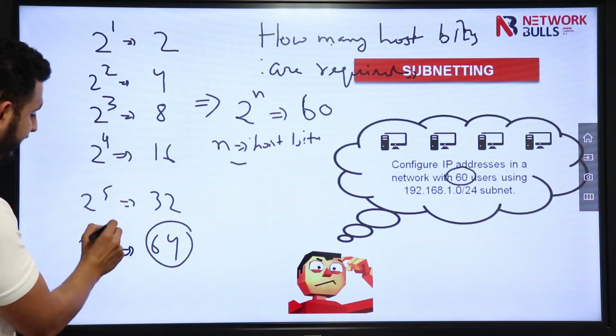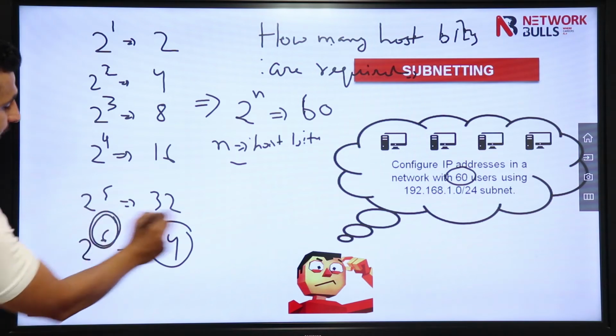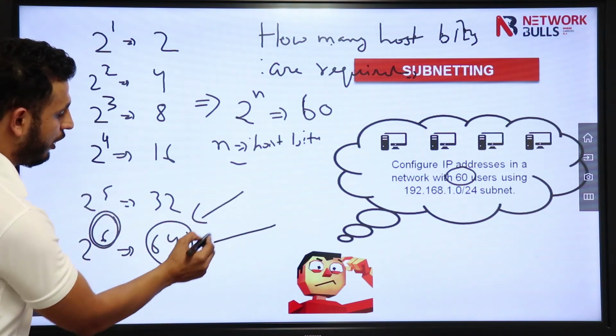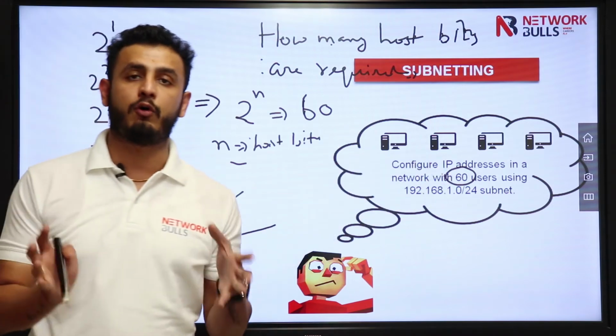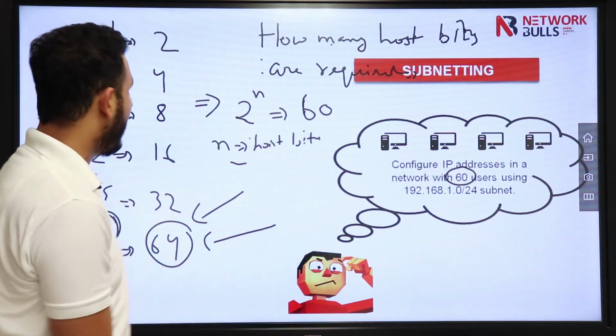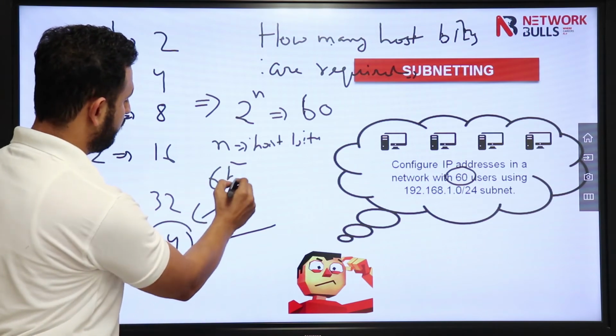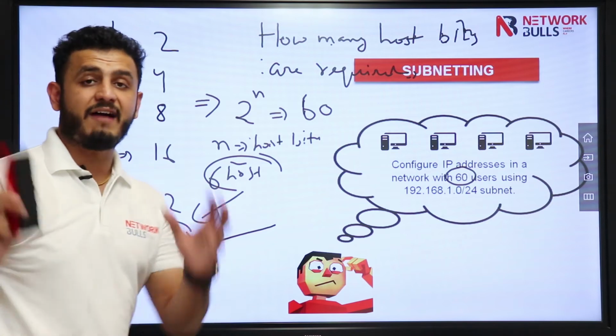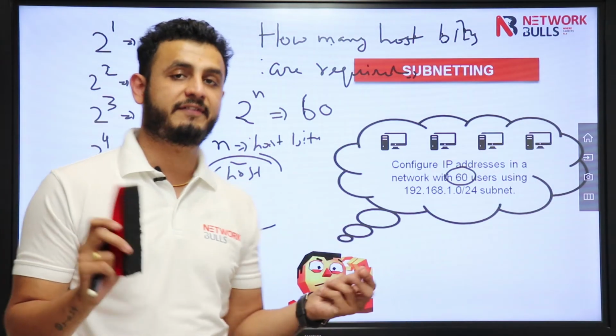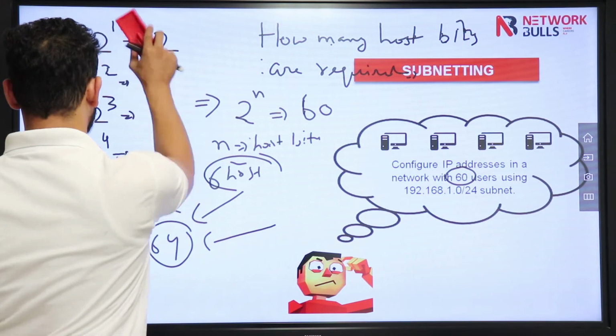It means if we have 6 host bits, it will fulfill the requirement of 60 hosts, as 60 is less than 64. So how many host bits are required? 6 host bits. So guys, now what I will do to divide this big network into small parts, just concentrate.